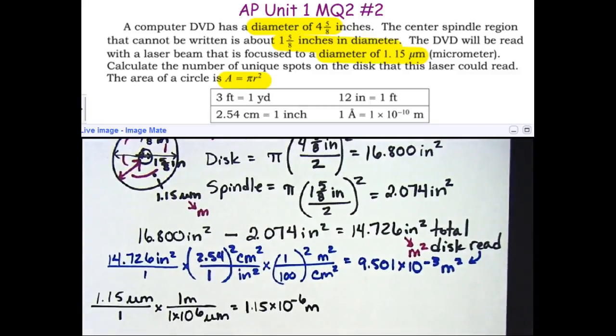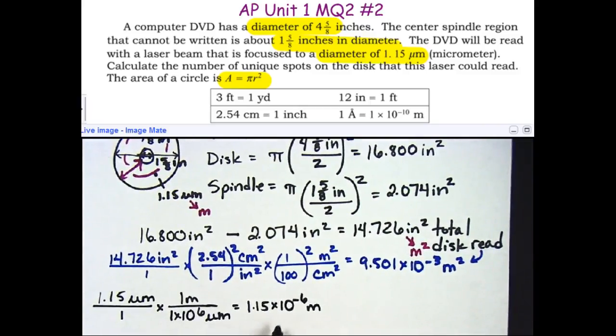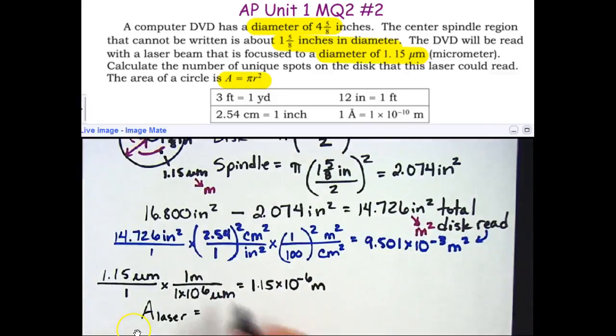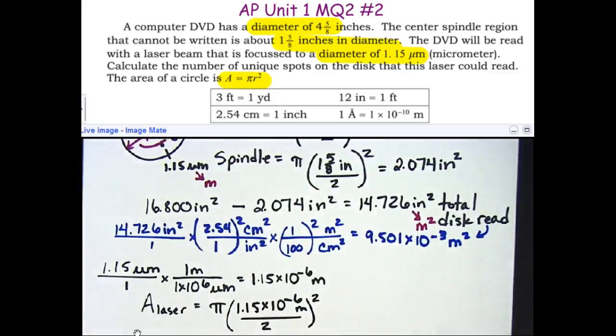So now I'm going to find the area of the laser, which is going to be equal to pi times 1.15 times 10 to the negative 6 meters divided by 2, because that's the diameter and we need the radius, and then squared.